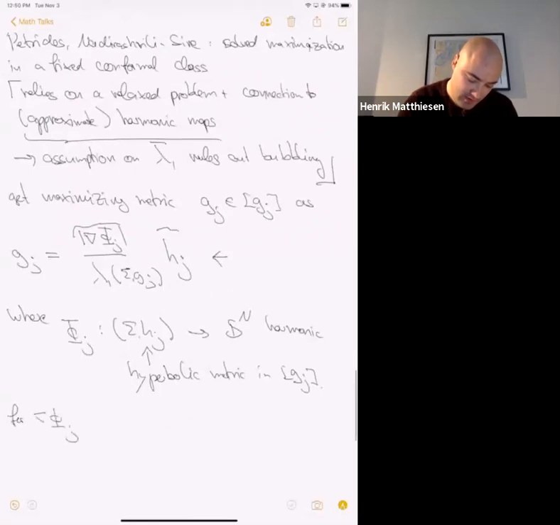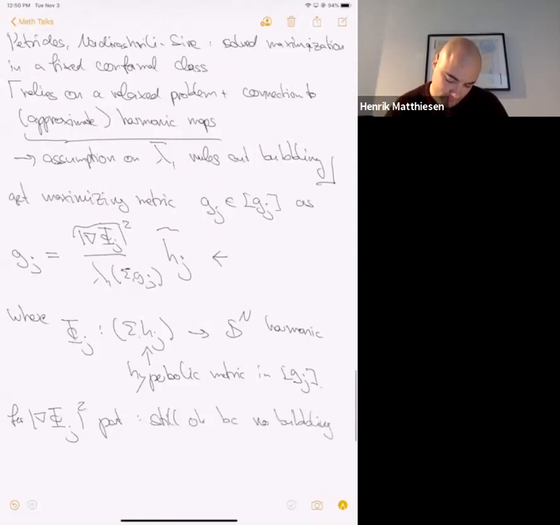So for the nabla phi_j squared part, it is still okay because no bubbling occurs. So the part to worry about is the moduli space direction.